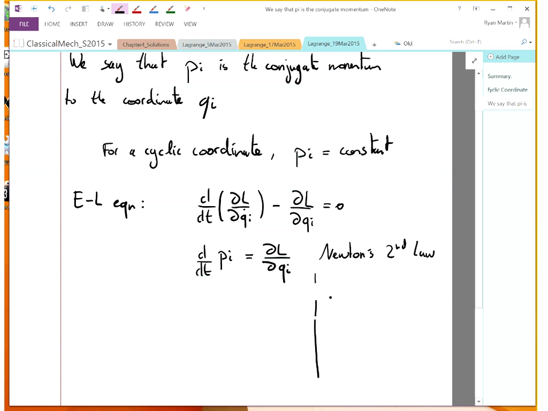Alright, so let me just do an aside. F equals ma. That's the same as F equals dp/dt, right? You've all seen that. Because p is mv, so if you do d/dt of mv, you get m times dv/dt, and dv/dt is a.